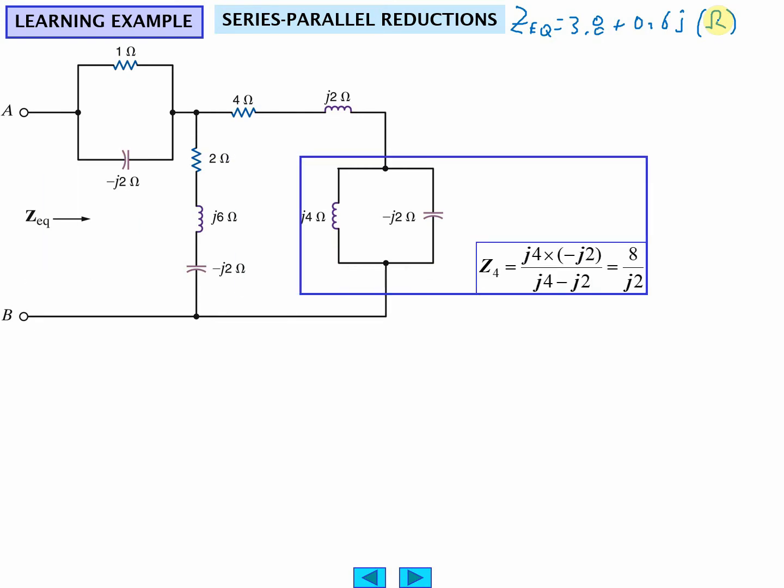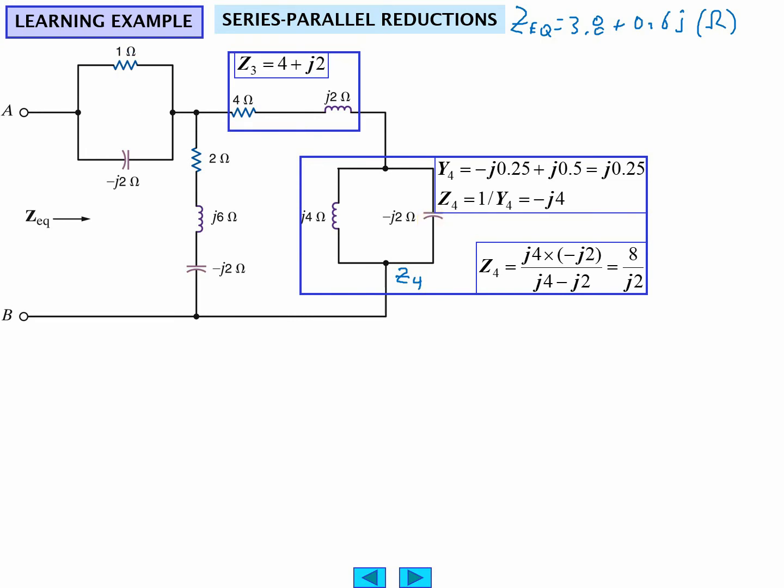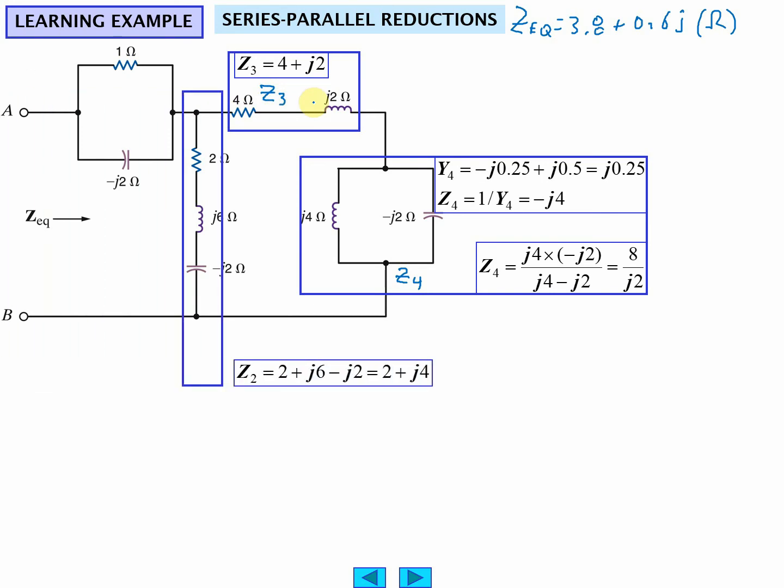So they go through this, they figure out the equivalent impedance, Z4. They call this Z4. I'll just mark that, Z4. And then they get Z3. They add Z4 and Z3, I'm pretty sure. Eventually they're going to. So this is Z2 here.